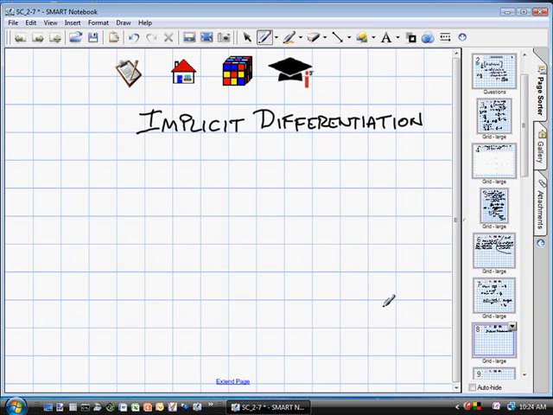Implicit means kind of implied. The word implicit relates to the word implied. Here's the problem. Up until now, all the functions we've looked at have always been y equals something, and that something is always in terms of x, or t, or one single variable. So far, that's all we've had. But what if you can't solve for one variable real easily?